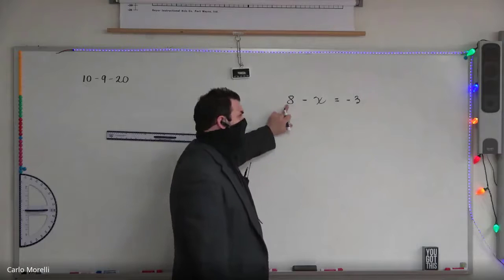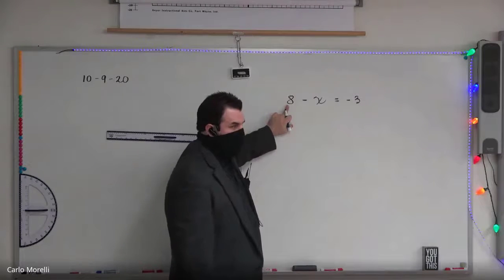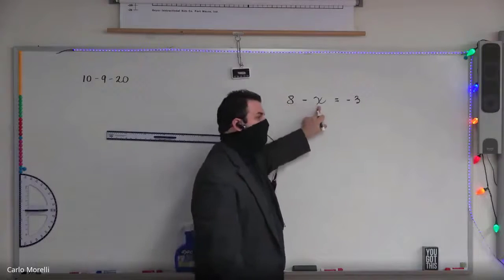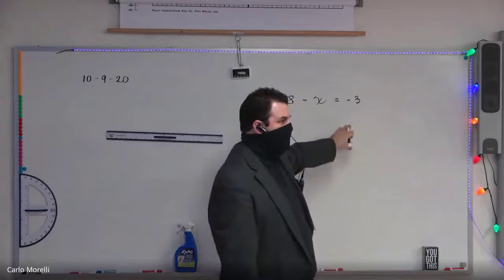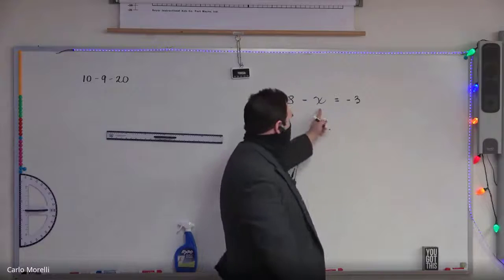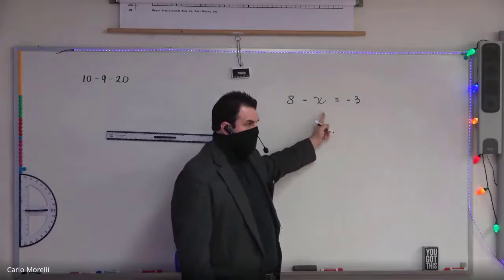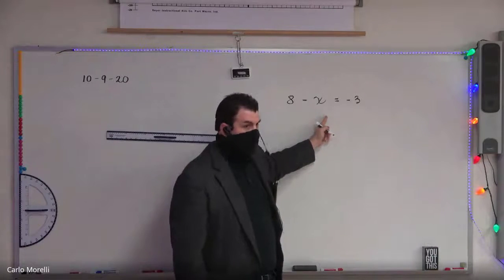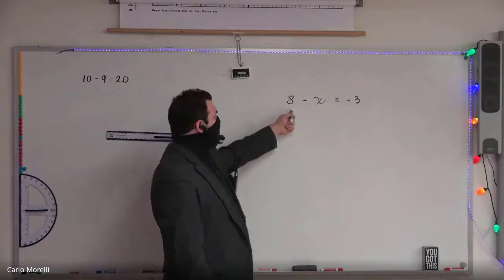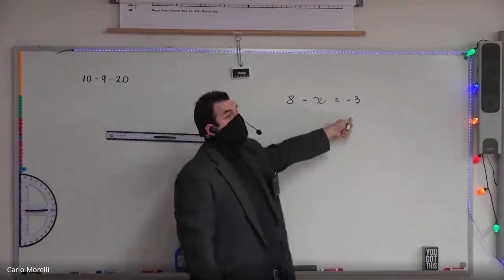You have $8 in the bank account. You spend some money. Now you have -$3. You're overdrafted by $3. How much money did you spend? 11, right?